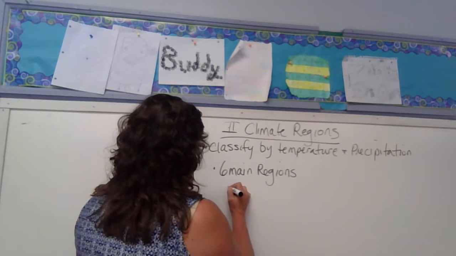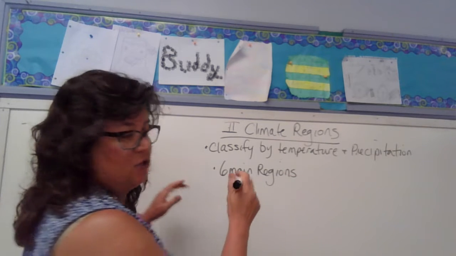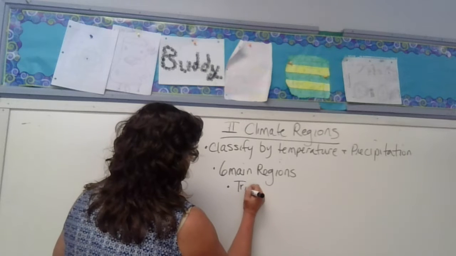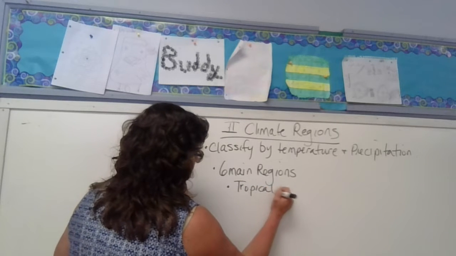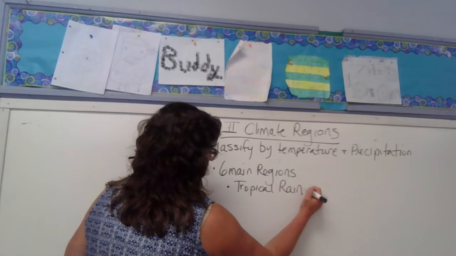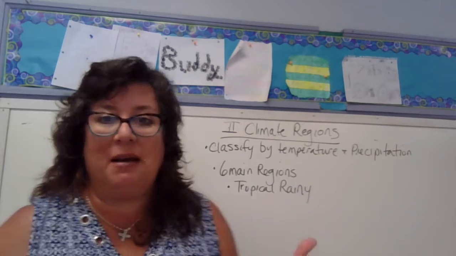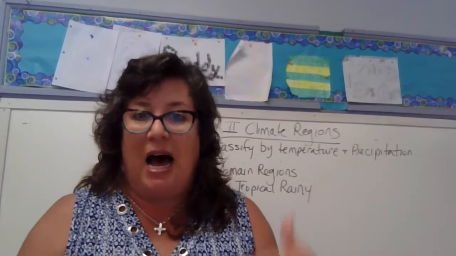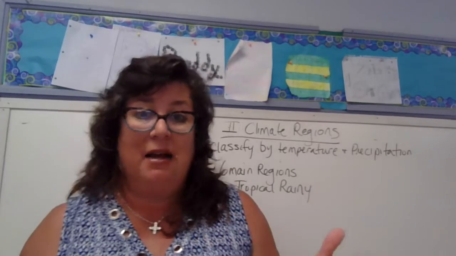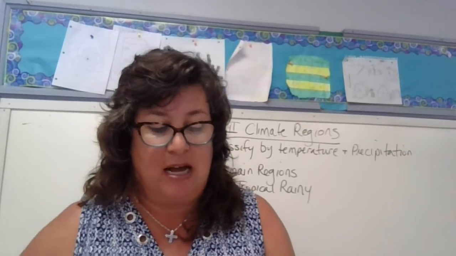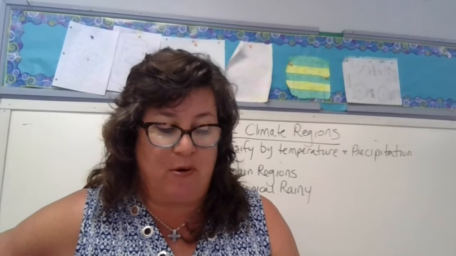Okay. Now, the first one your book talks about is tropical rainy. Now I'm not going to make you take a lot of notes on this. I'm going to go through the book, but then whatever you want to do. So it says the tropics have 2 types of rainy climates: tropical wet and tropical wet dry.